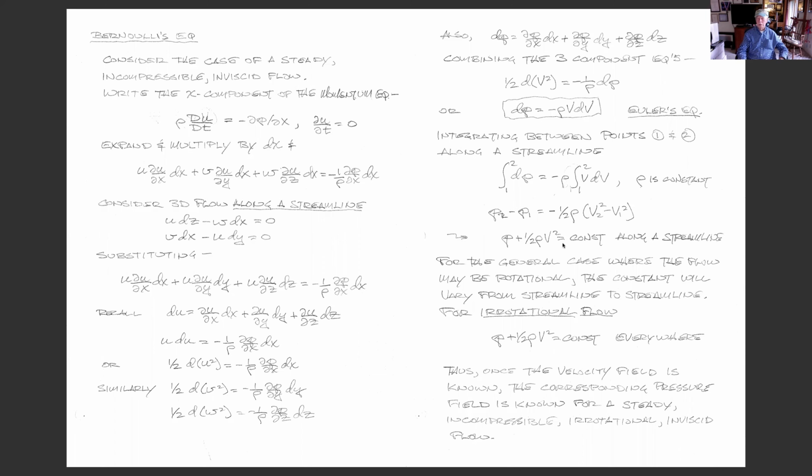So there's a machine gun version of Bernoulli's equation. At this point, it's only applicable along a streamline. If we allow rotation, the constant will change. But if we restrict it to irrotational flow, the constant's the same for all.